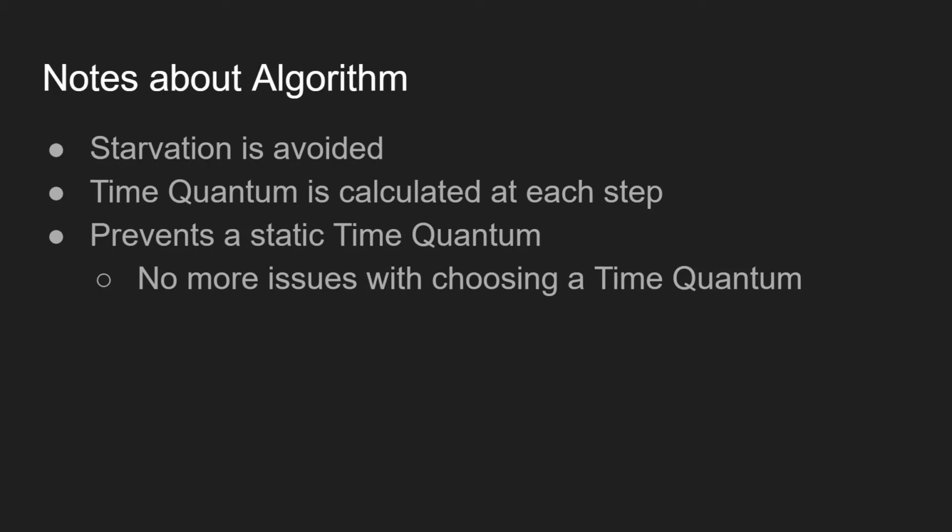And it prevents a static time quantum, which is quite nice. There's no more issues with choosing that static time quantum, so large processes don't really get hindered too much. Neither do short processes.